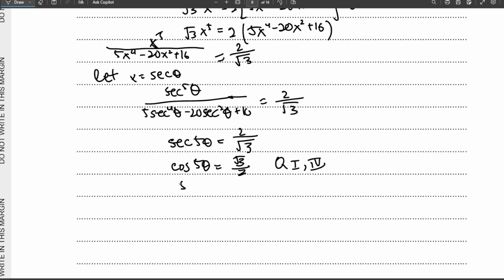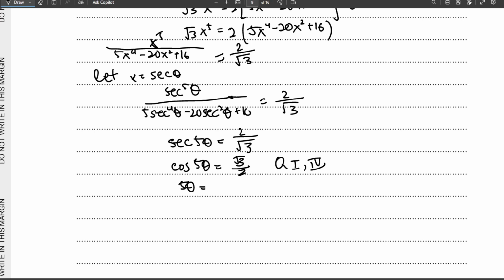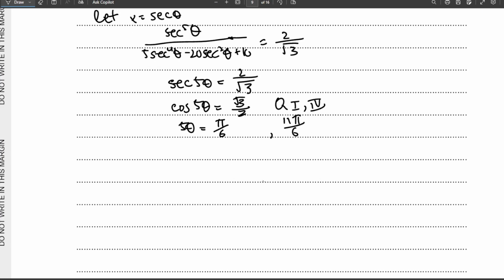So we find the basic angle. 5 theta will be equal to, what's the angle? Pi over 6, isn't it? Pi over 6. Or in the fourth quadrant, there will be 11 pi over 6, which is 2 pi minus the first answer, right? And the way we get the next three roots is by, since the circle you can turn infinitely many rounds, and by 2 pi you get the same answer.